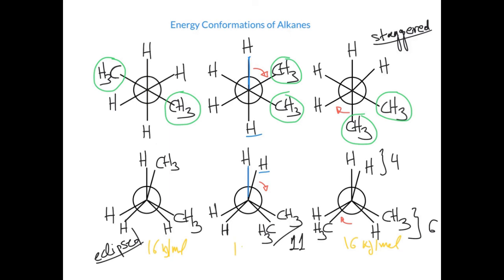So in that case, we're going to have 19 kilojoule per mole for the eclipsed conformation where the methyl groups are very close.